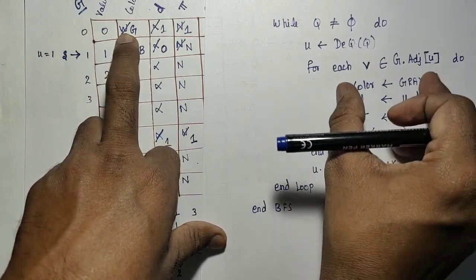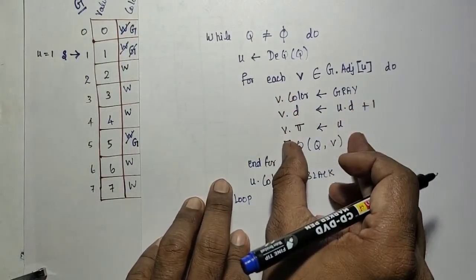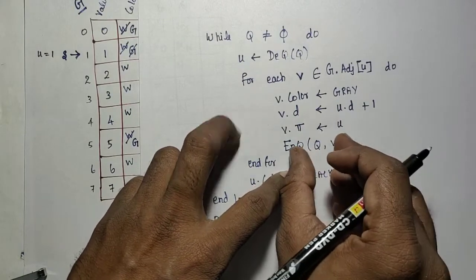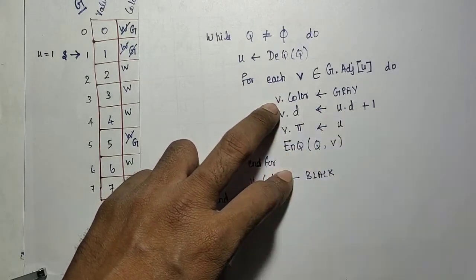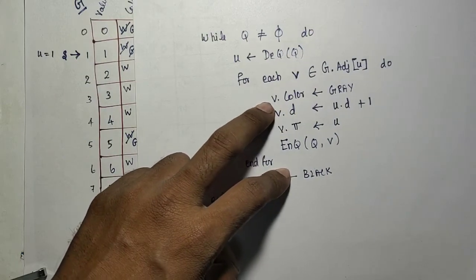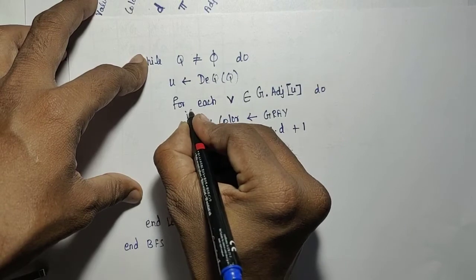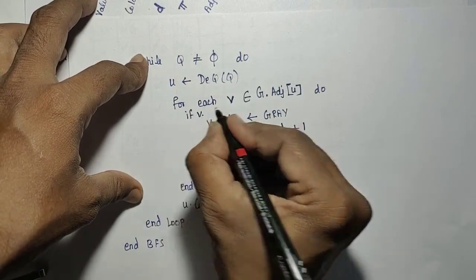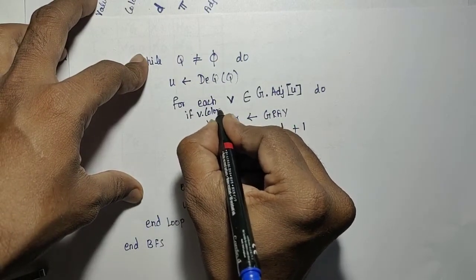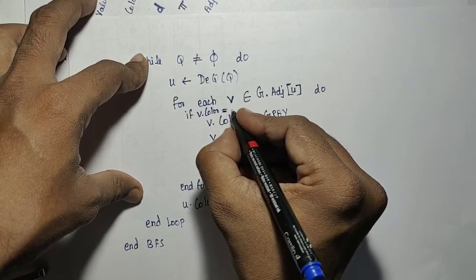So what I have to add is, this procedure needs to be done, that is, the particular node has to be visited and enqueued, only if that particular node is not visited. So I have to add the condition: if V.color equal to white.